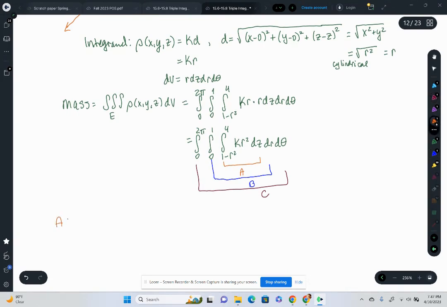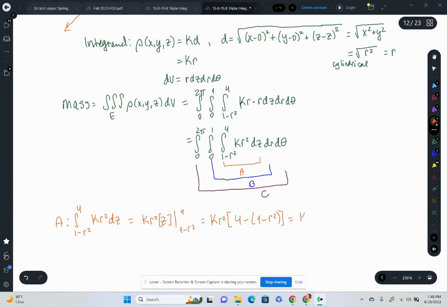So if I start with a, I'm looking at the integral from 1 minus r squared to 4 of kr squared dz. K and r squared are both constants, so this becomes kr squared z from 1 minus r squared to 4. So that means we have kr squared, and then in my brackets I have 4 minus, in parentheses, 1 minus r squared.